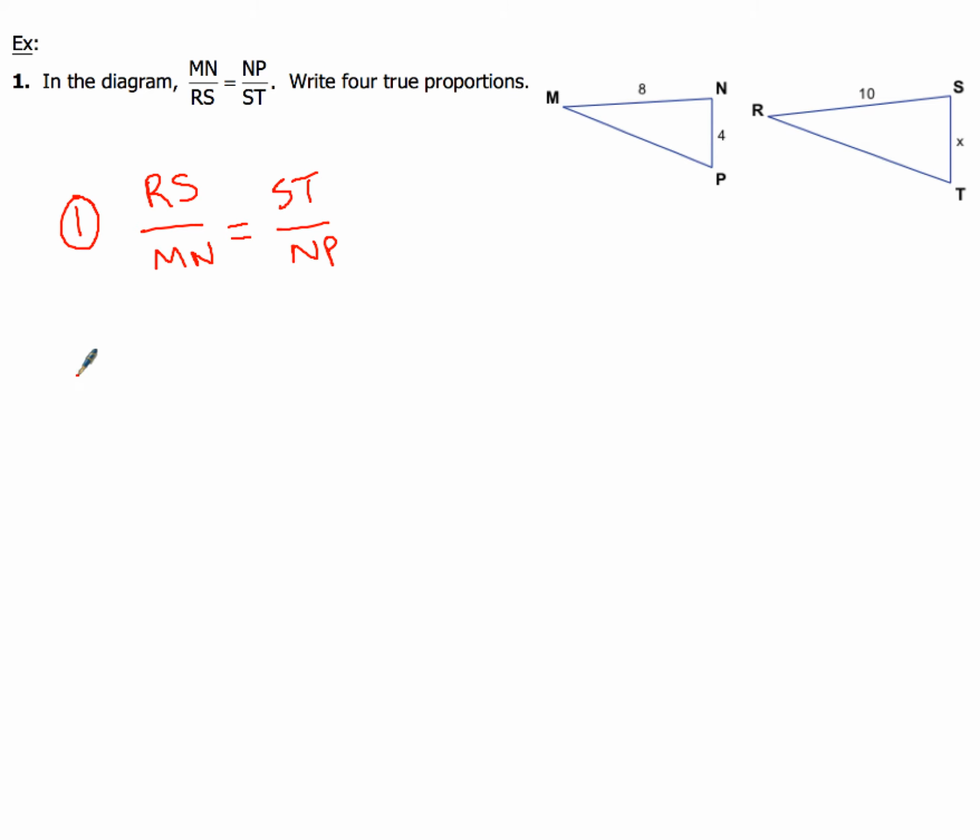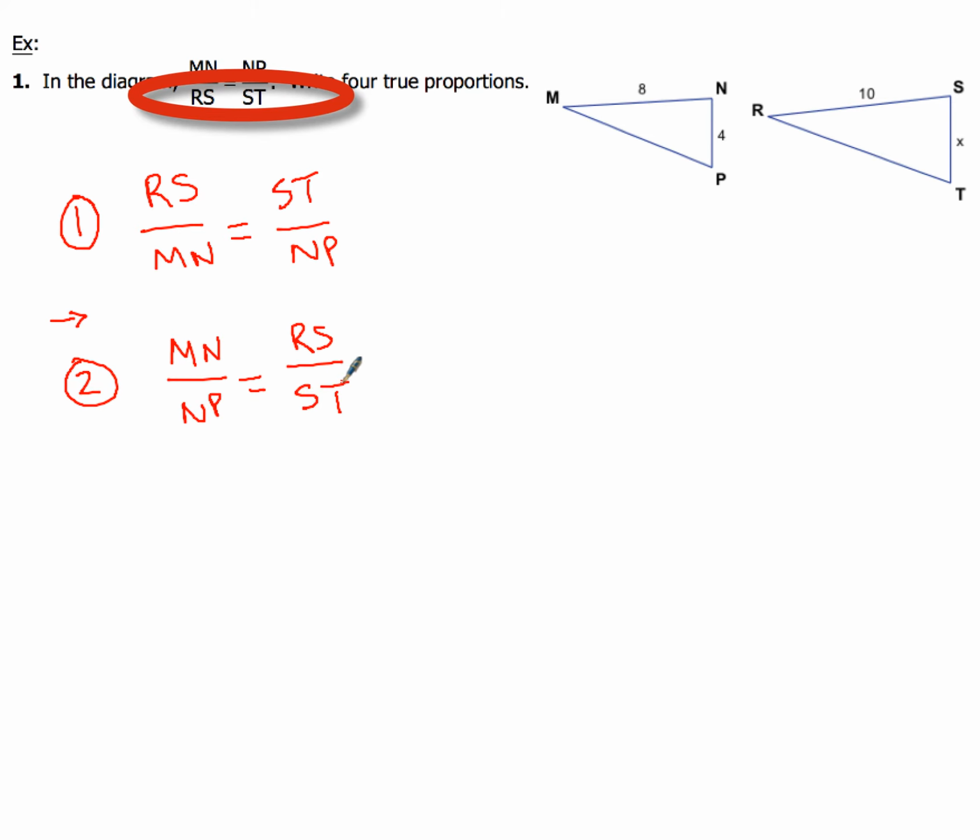Now a second proportion would be the one where I went across. So if I start with MN and then I go over to NP, then in the other fraction I'm going to have RS over ST. So that's if I started and went across.